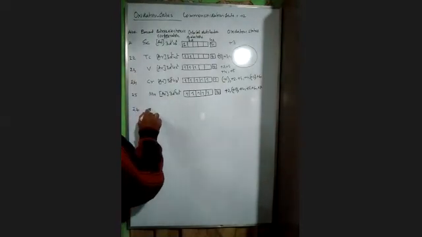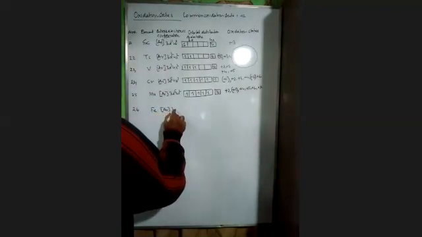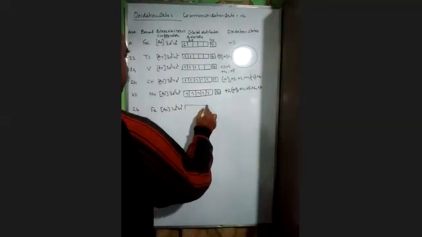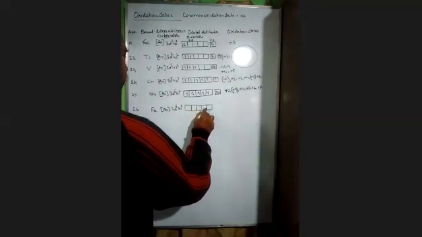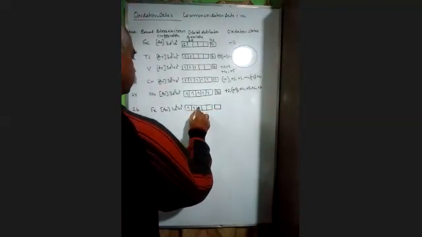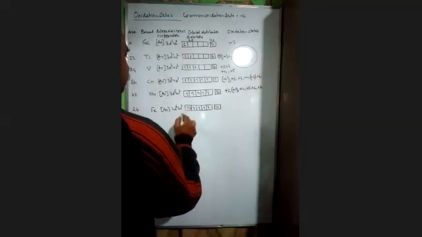26, iron, 3d6, 4s2. See, this is 4s2 and 6.